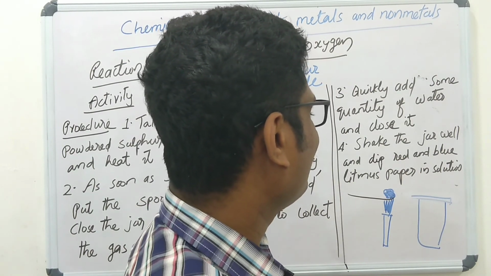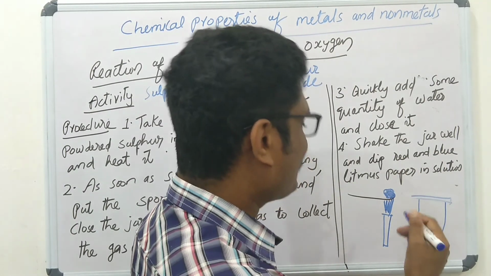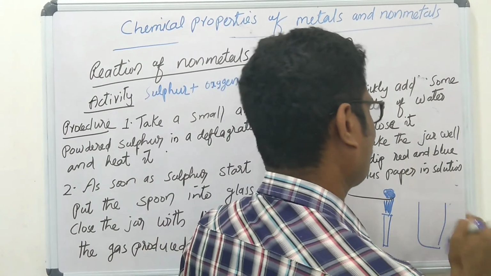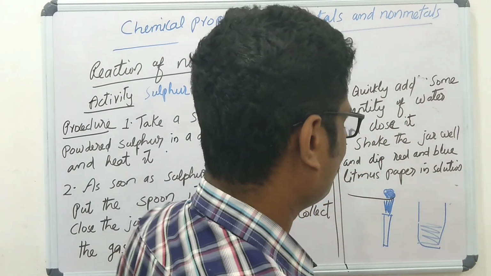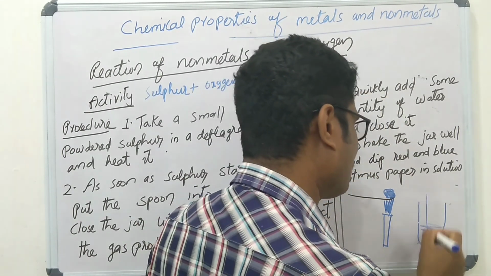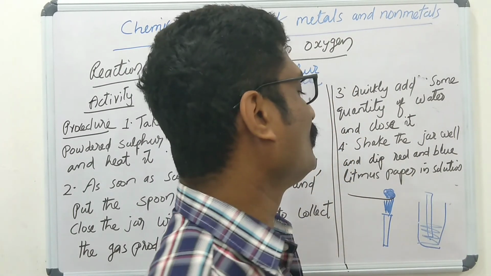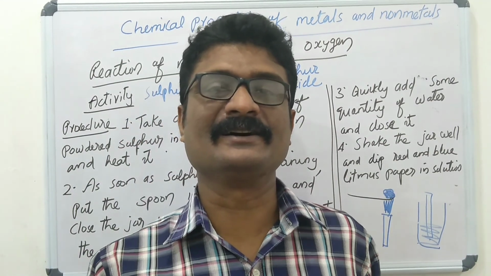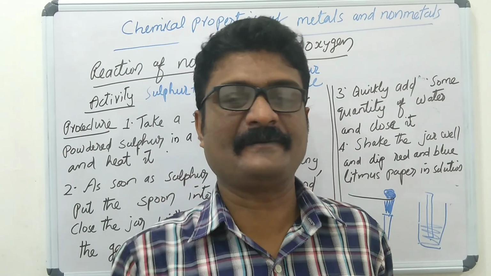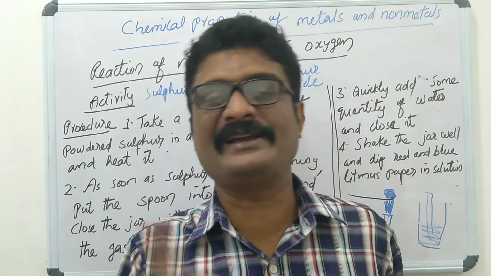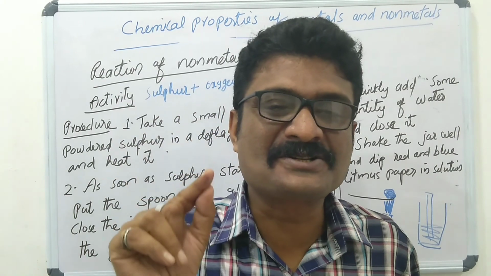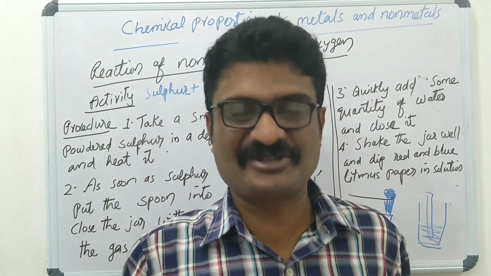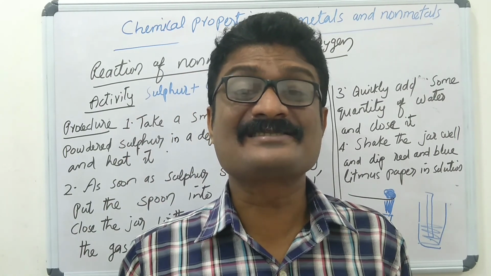Then shake the jar well, and after shaking you can put a red litmus paper, then a blue litmus paper in the solution. What do you observe? Observation number 1. Please listen. Red litmus did not change, but blue litmus paper turns red, which indicates that the solution is acidic in nature.